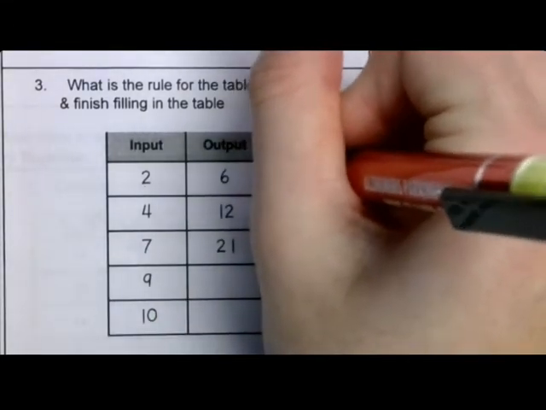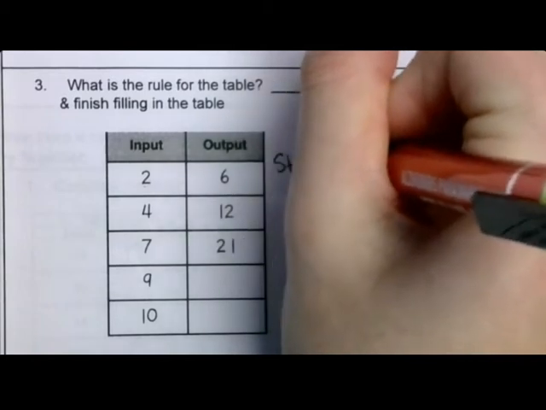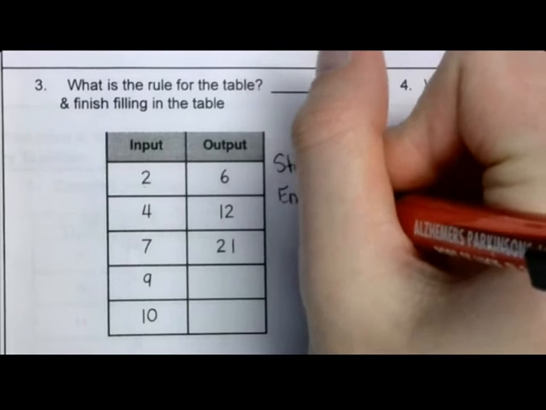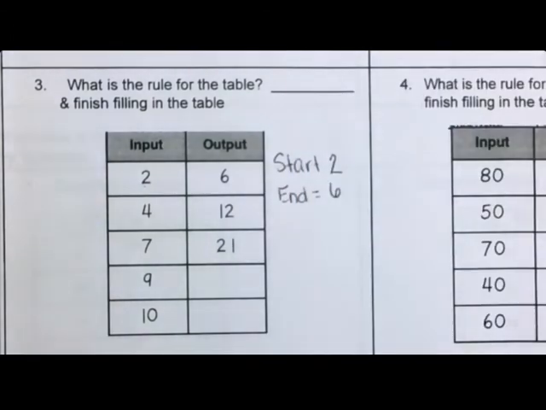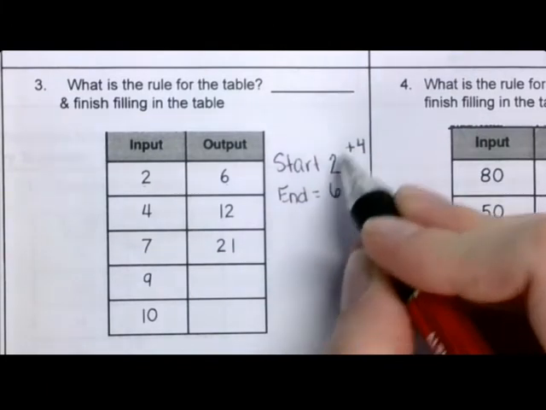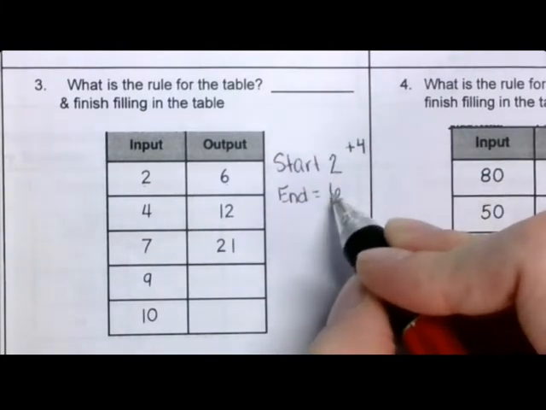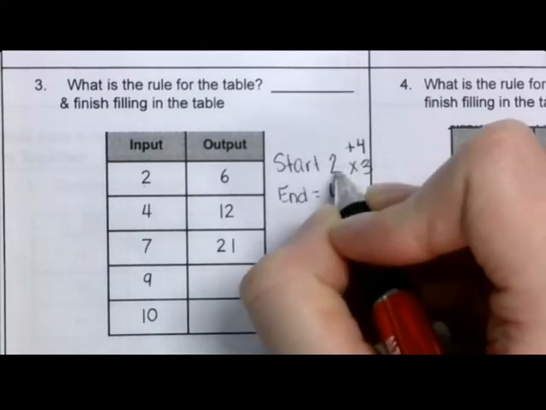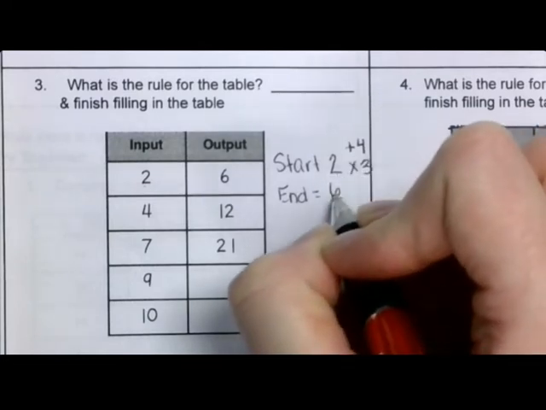If I start at 2 and I end at 6, what could happen? There's only 2 options. We could add 4, right? 2 plus 4 is 6. Or I could times by 3. 2 times 3 is 6.